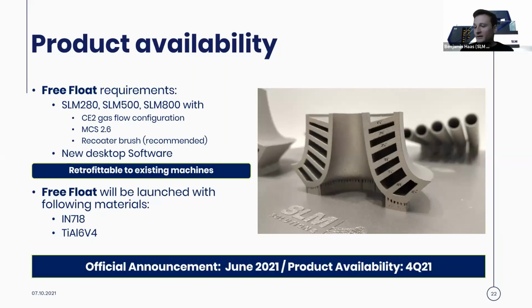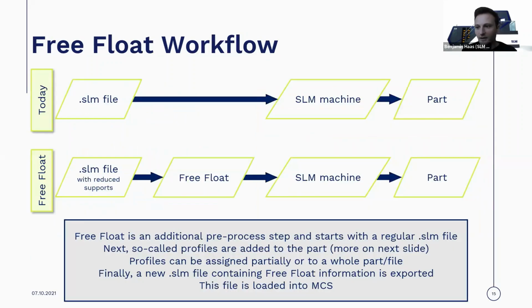That's a good question. So in general, and maybe let's take a look at this process overview again, there are basically two relevant things that you need. First of all, in order to create that SLM file, of course, you need material parameters. And then within FreeFloat, you need those profiles that we've just seen.